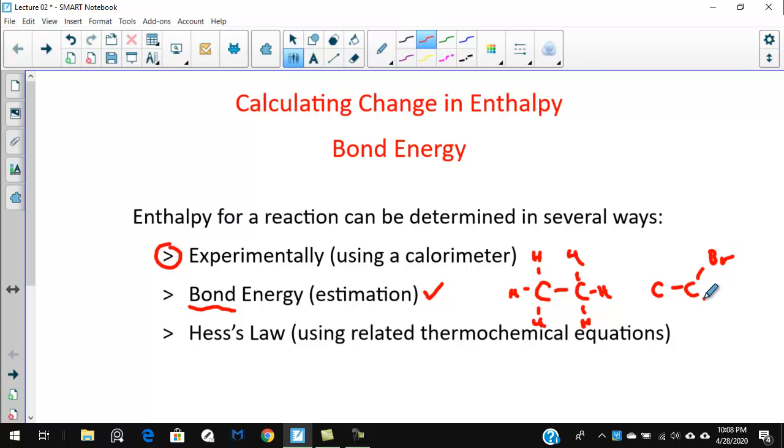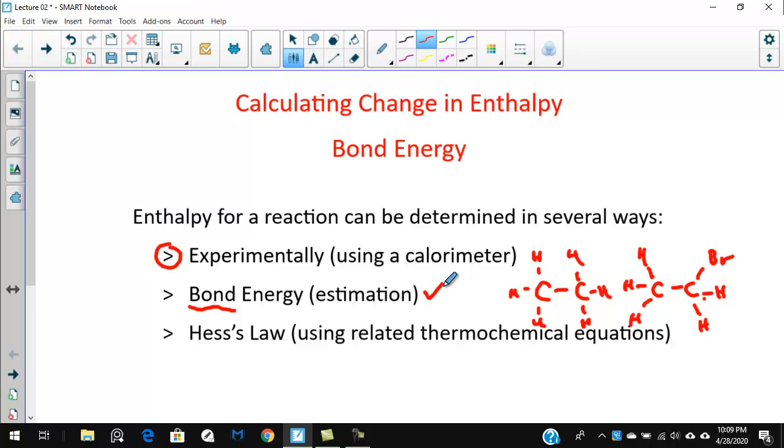Since the Br's electronegativity is a little different than the hydrogen, it's going to affect how those electrons are shared in the bond. It's going to affect the strength of this C-C bond. So even though this is a bond between two C's and this is a bond between two C's, the energy involved in breaking them or making them is not the same. There are slight differences depending on the rest of the atoms adjacent to the bond we're looking at. So that's why we say this is an estimation.